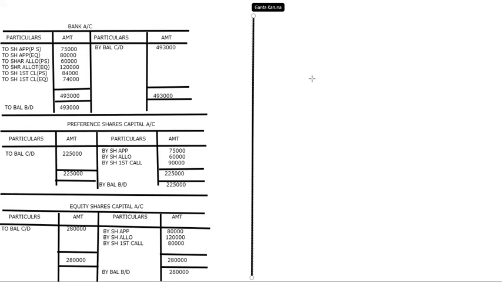Like this we have written. By balance brought down. Like this we have written. Now the last is balance sheet we are going to prepare.